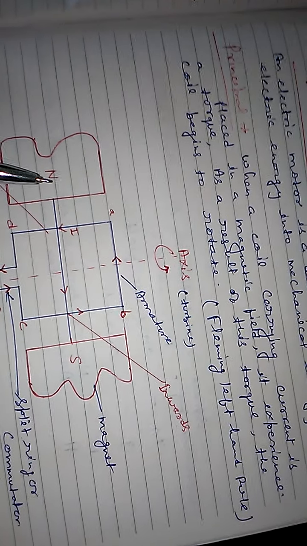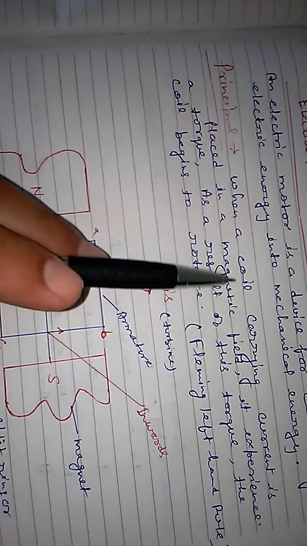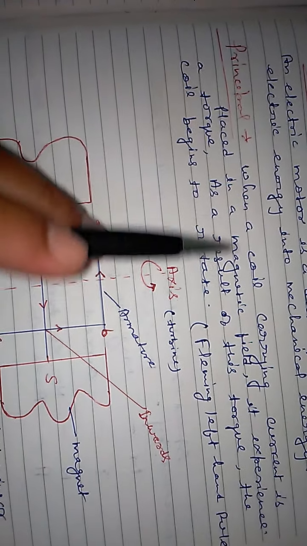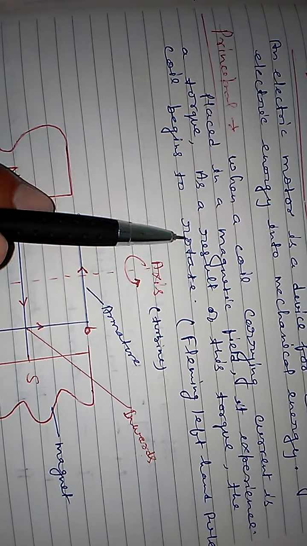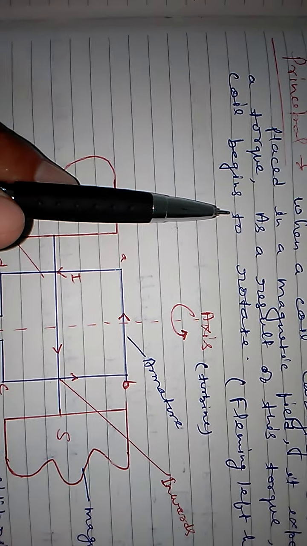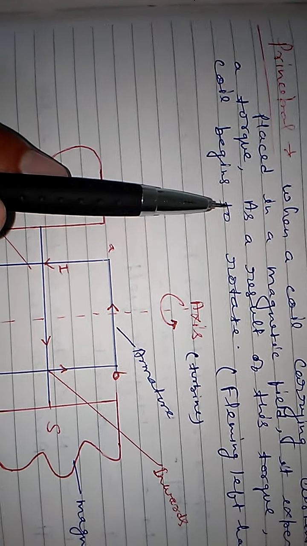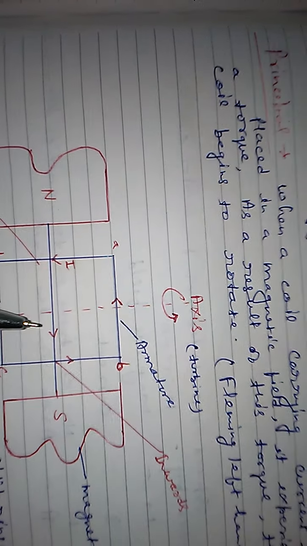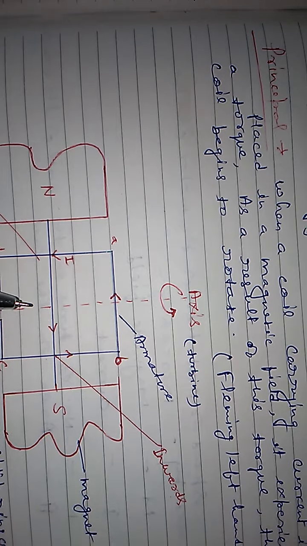Its basis of working is Fleming's left hand rule. When a coil carrying current is placed in a magnetic field, it experiences a torque. What does torque mean here? Torque means deflection force. This is the coil carrying current, current is passed to this from the battery.